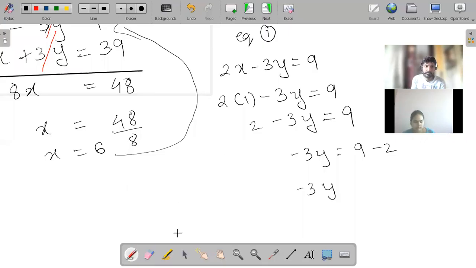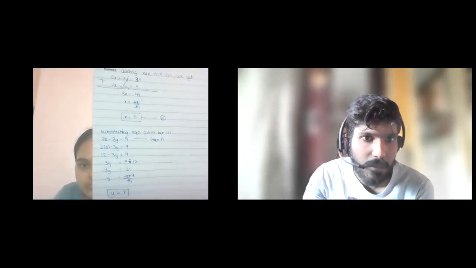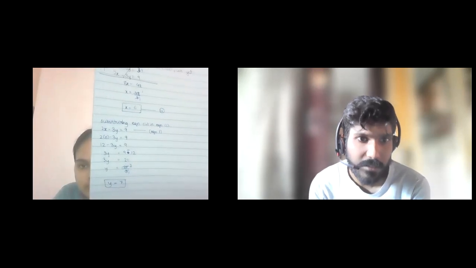That is 3. So 3y equals 3. So y equals 1. Yeah, 9 minus 12, that is 3.